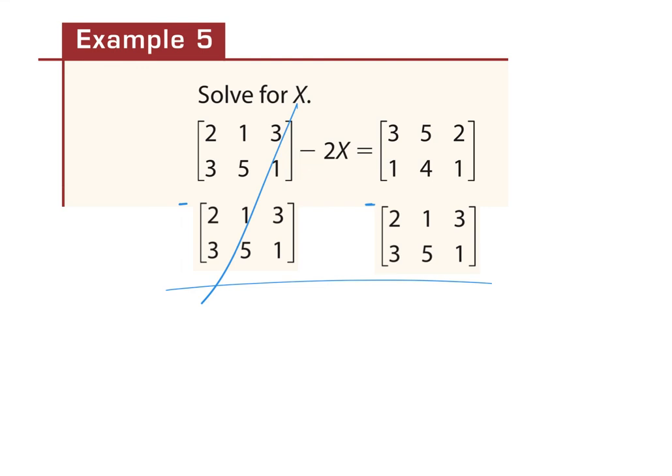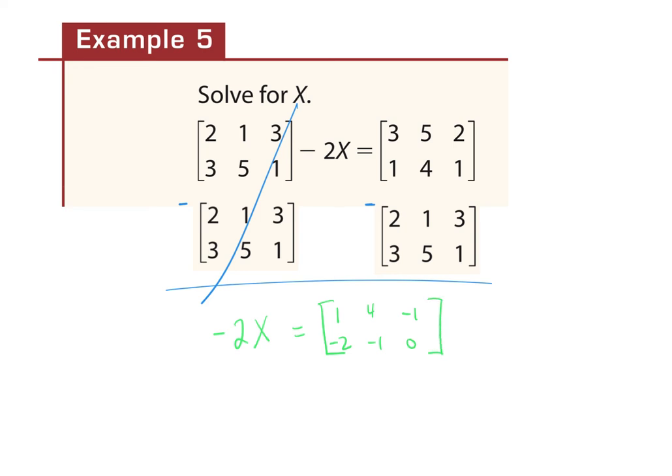I do have a -2x left. So I would have -2 times X, as in a matrix X, and then I would just subtract these. And so on the right side here, I am going to have a matrix, 3 minus 2, 5 minus 1, 2 minus 3, 1 minus 3, 4 minus 5, 1 minus 1.